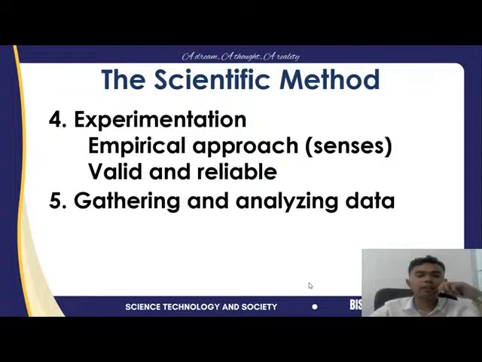Next, after you conduct your experimentation, you can gather data and analyze data. That's the time that you can interpret the different data that result from your experimentation. To gather and analyze your data, you can create graphs, tables, or whatever visual representation you may apply for your readers to easily understand the result of your experimentation.